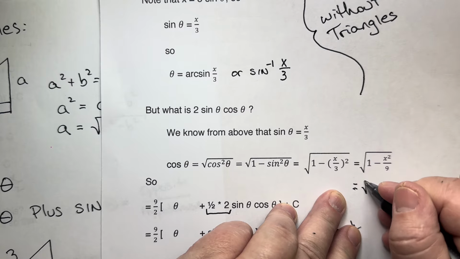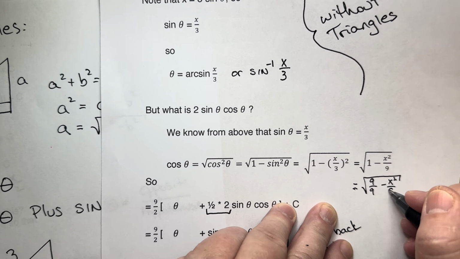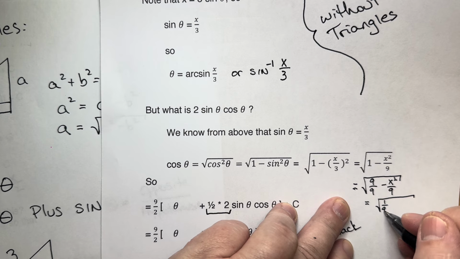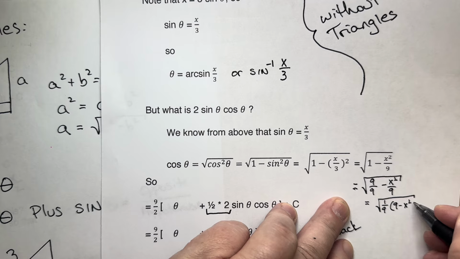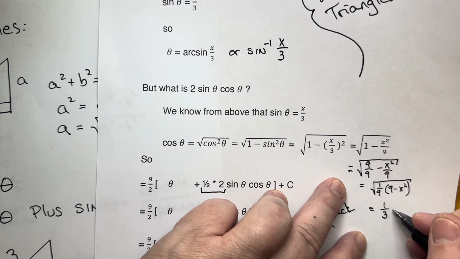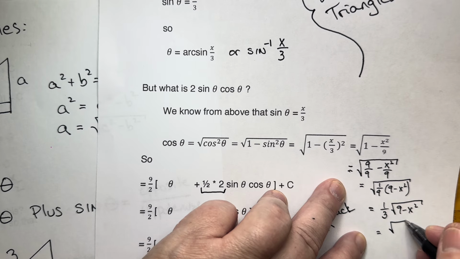Which is 9 over 9 minus x squared over 9, which is 1/9 times 9 minus x squared, right? Which is 1/3 times 9 minus x squared, which is radical 9 minus x squared all over 3.